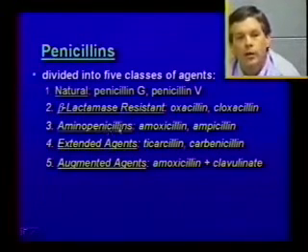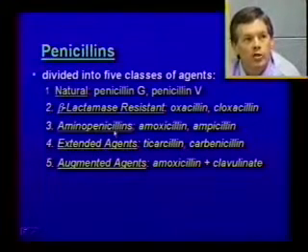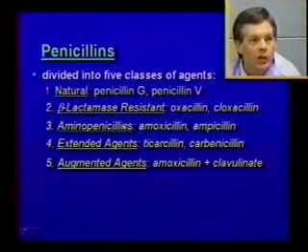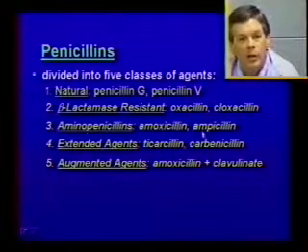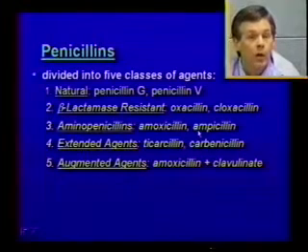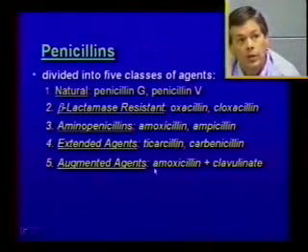2 points to note. One, the aminopenicillins, which most of the agents within this class begin with AM, like amoxicillin, ampicillin. These agents, the aminopenicillins, generally have much more substantial gastrointestinal side effects than do the other classes of agents. The other point to note are with regard to the augmented agents.